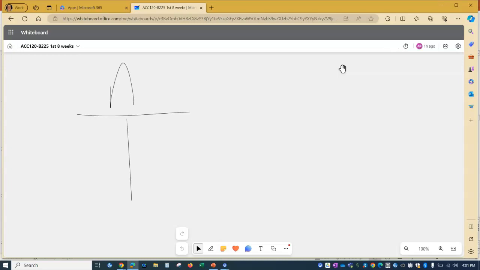here's our assets, here's our liabilities, and here's our equity. And here's our equal sign. So, assets are on the left, so they go up on the left.